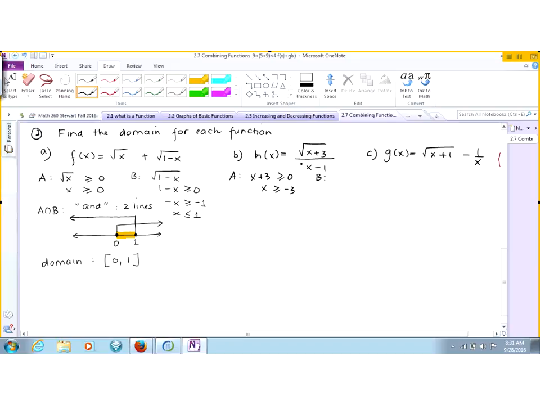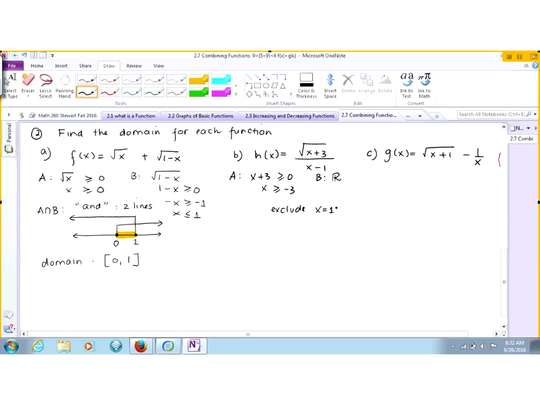If you have this function, f of X equals X minus 1, it's just all real numbers, right? And then we have to exclude the denominator. But then we have to exclude what? Exclude X equals 1, right?